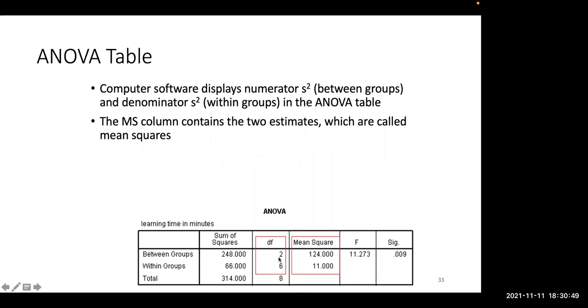This is now taking into account the degrees of freedom. Between the groups, we have three groups, so 3 minus 1 gives the degrees of freedom. That's the number you can draw from the calculation of the sum of squares by only having 2 entries. If you have 3 groups and a sum of squares given, one of these group means is redundant, which you can draw.